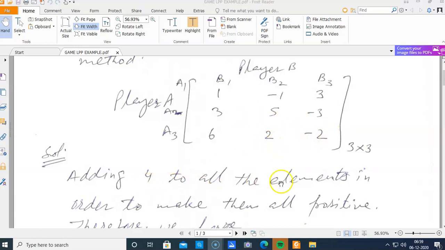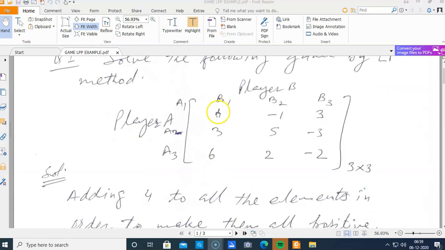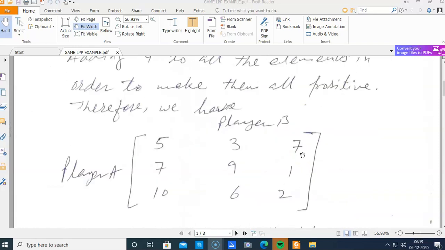So I simply added 4 to all the elements in this matrix, and I get a new matrix, or we can say now we have a new game to be solved.